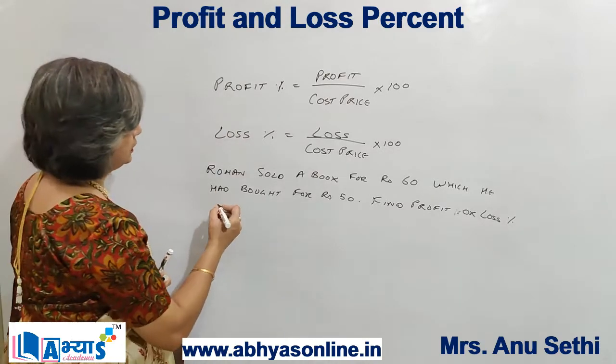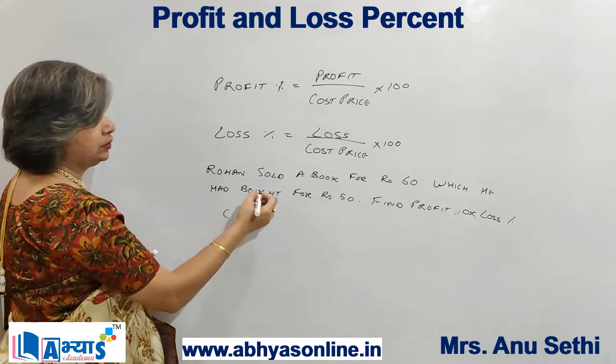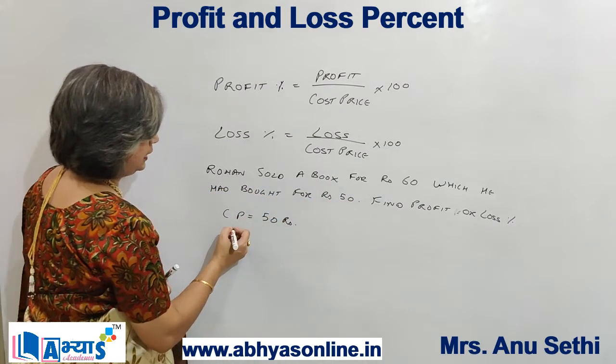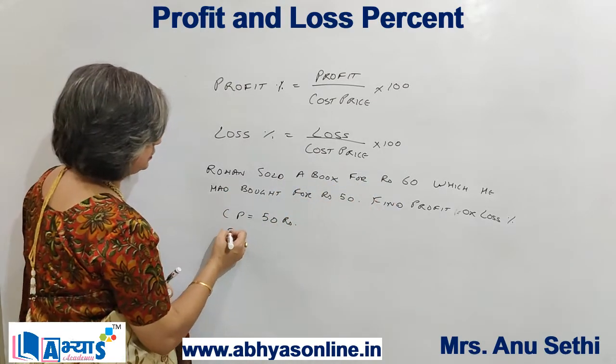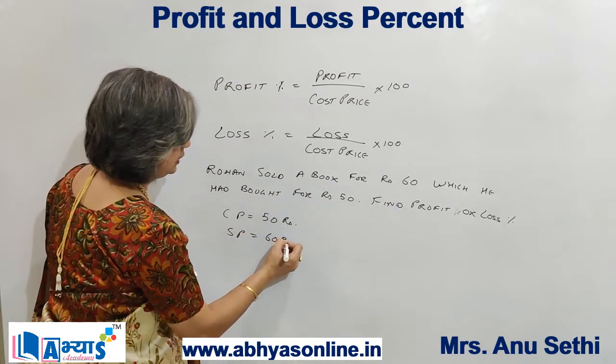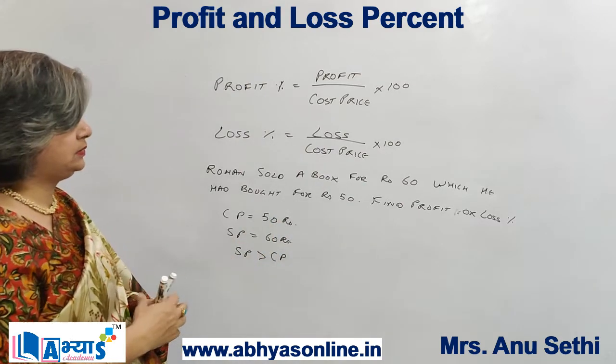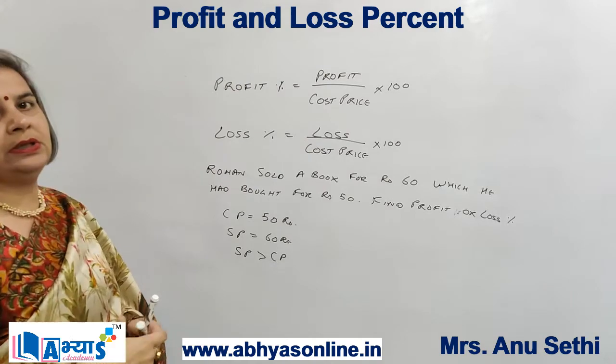Now we see that he had bought the book for rupees 50, so the cost price was 50 rupees, and he sold the book for rupees 60, so selling price is 60 rupees. Now we see that the selling price is greater than cost price. That means Rohan is making a profit in this deal.